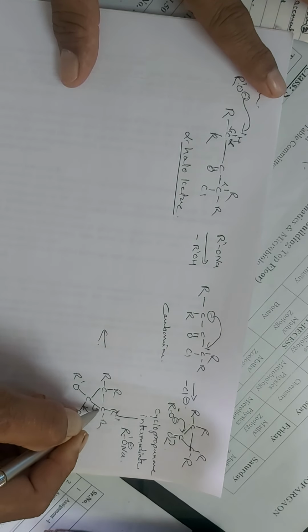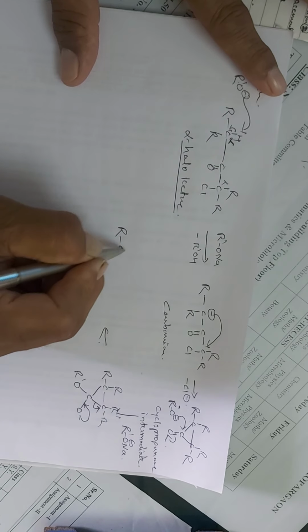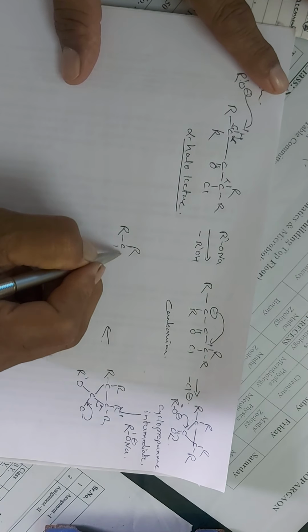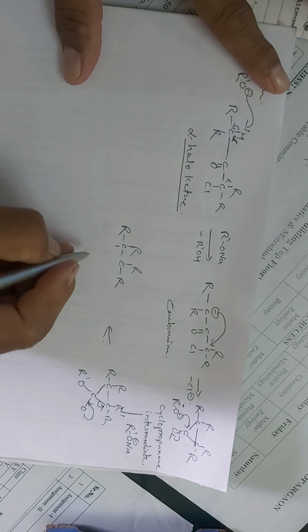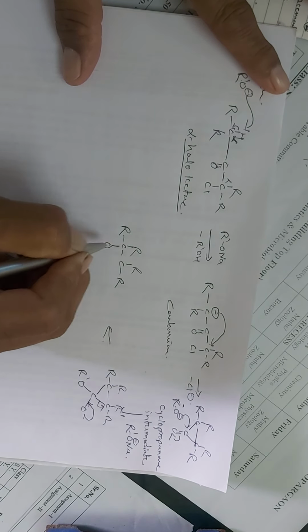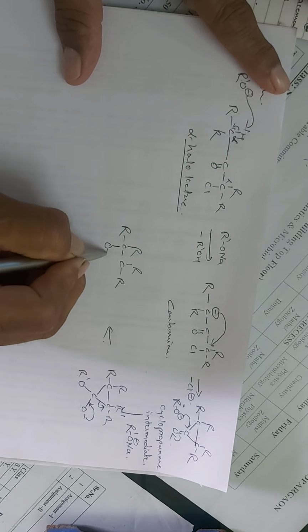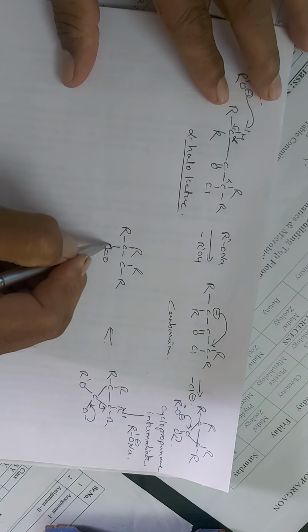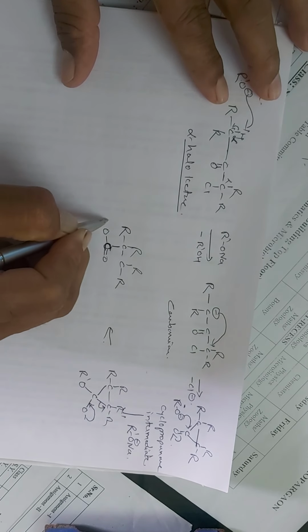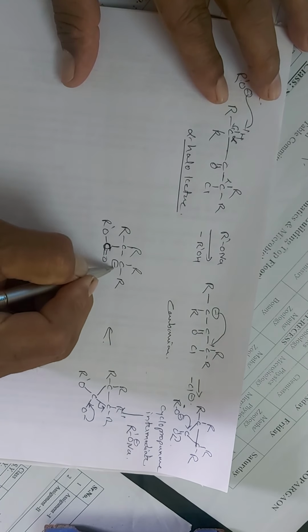So here you get RCR, CR, C(=O)OR', and this is the carbanion.